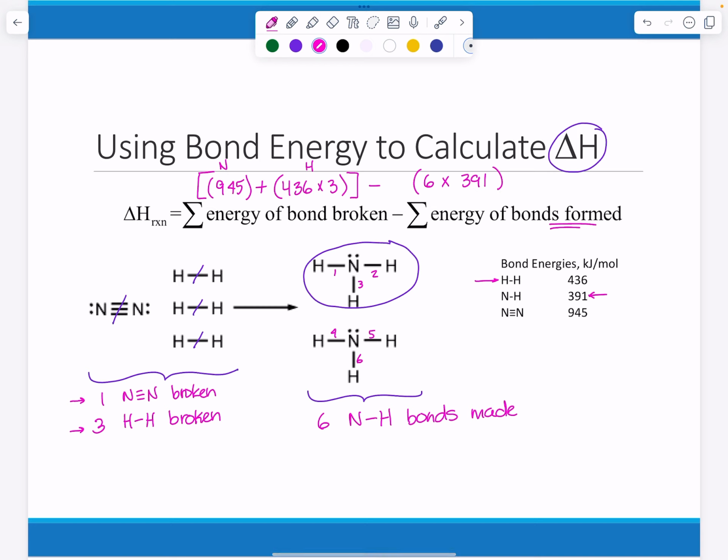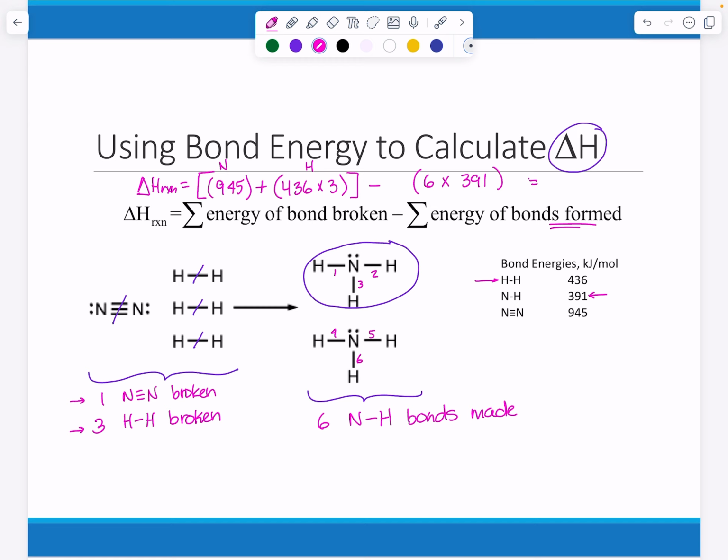When we do that math out, that should come out to be the delta H of this chemical reaction. We've got 436 times 3 plus 945, and we're going to subtract from that 6 times 391.